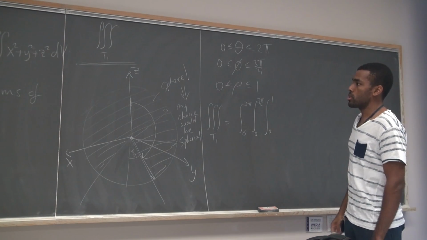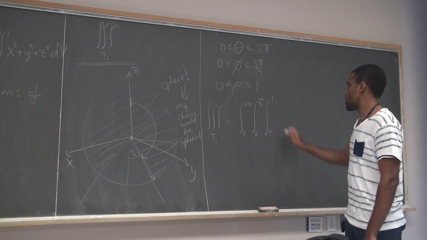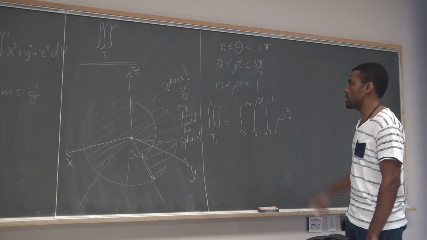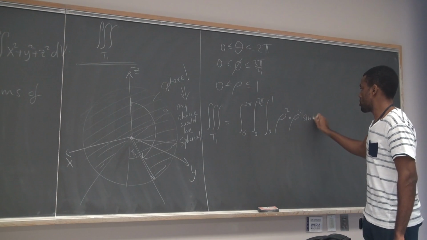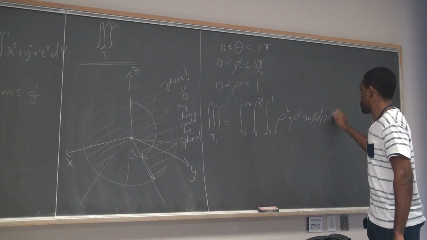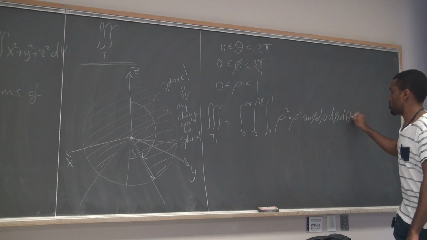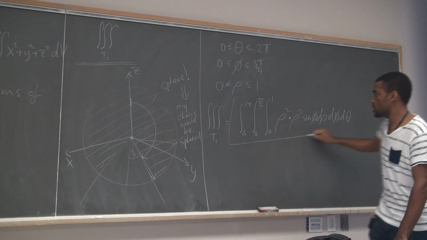What does x squared plus y squared plus z squared become? Rho squared. That's rho squared times dV, which is rho squared times rho squared sine phi. So that's your answer for T1.